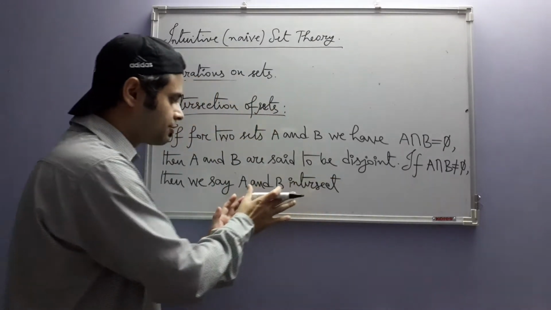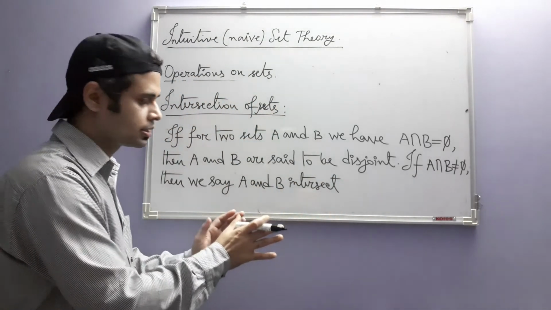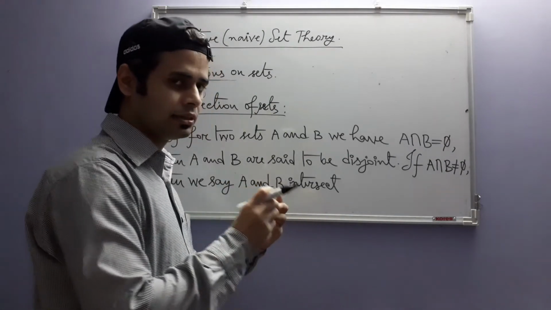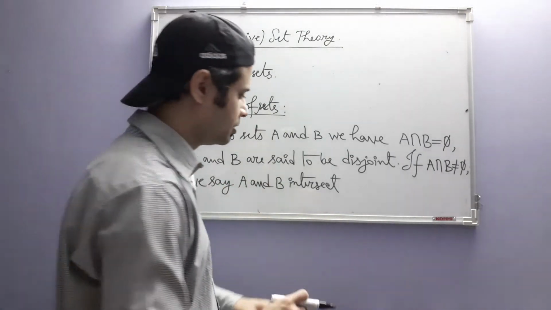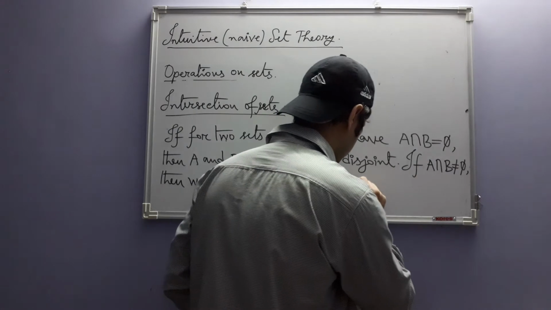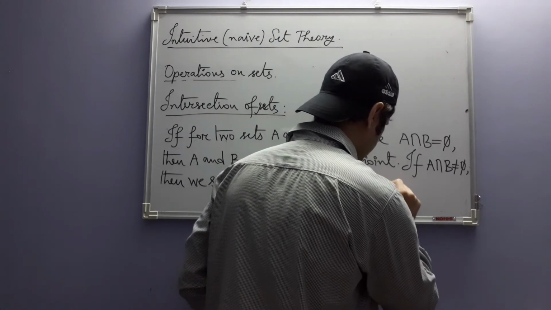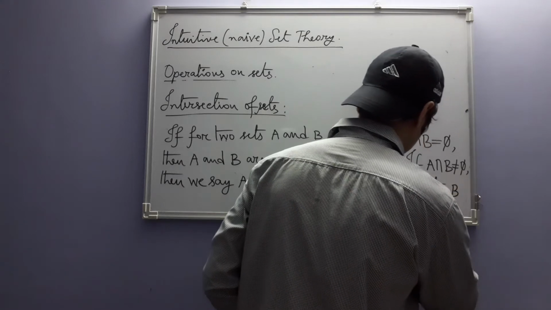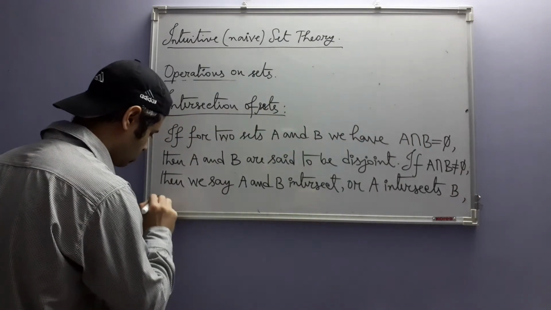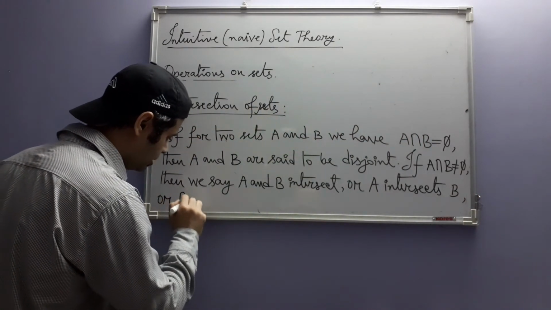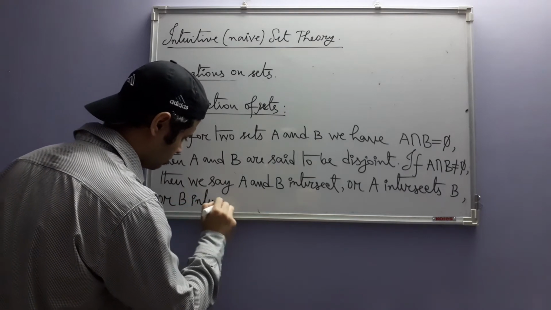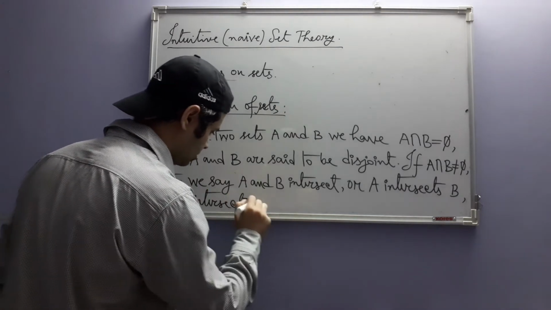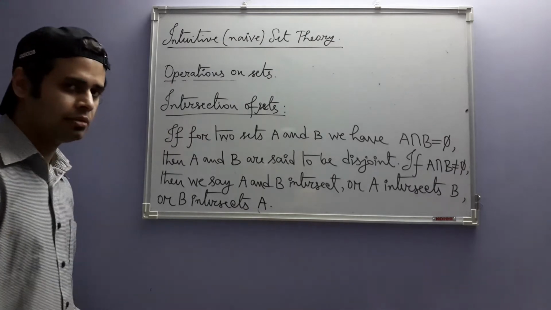When you see this phrase, A and B intersect, then you understand that there is at least some common element. Or A intersects B, or B intersects A. They mean the same thing.